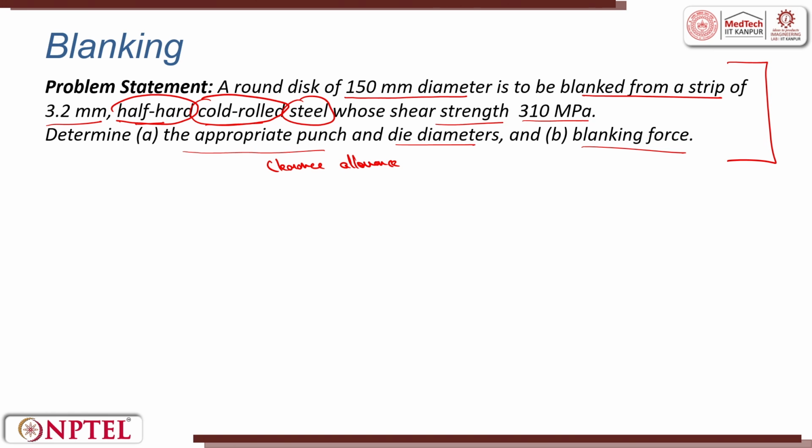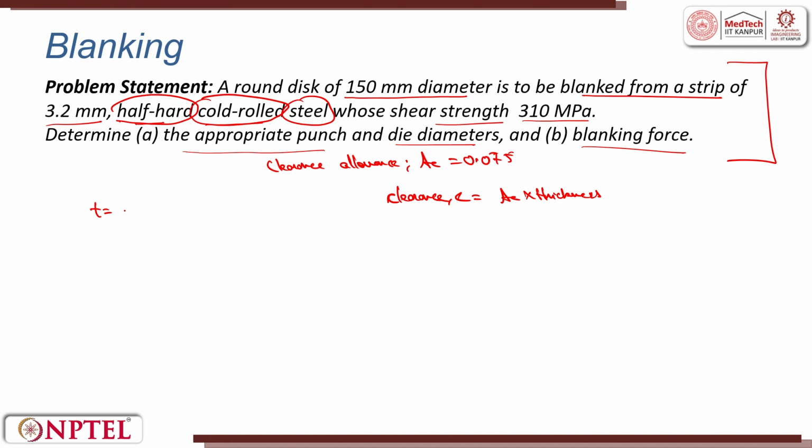Here the clearance allowance is given by AC, that is 0.075, and therefore the clearance C is equal to AC times the thickness, and we have been given the thickness.